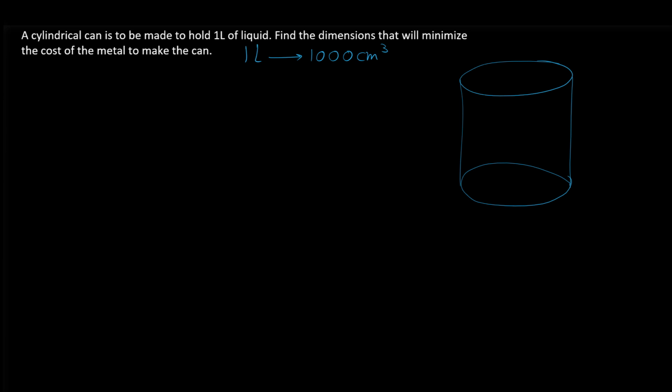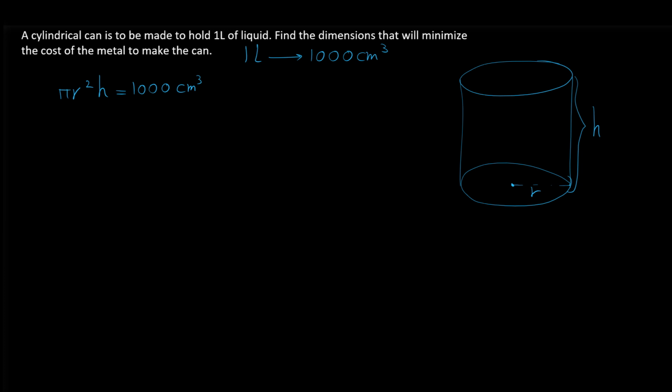We know in general, the volume of a cylinder is the area of the base times height. Because the base is a circle, the area of the base is pi r squared. And if we suppose the height of the can to be h, pi r squared times h should be 1000 centimeter cubed. This is our constraint.